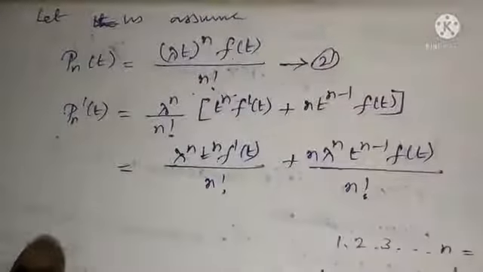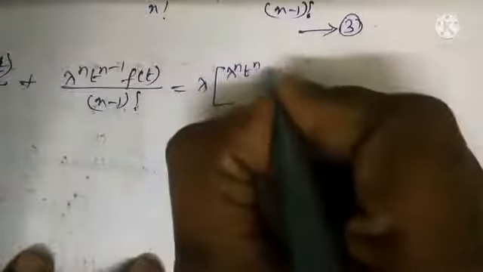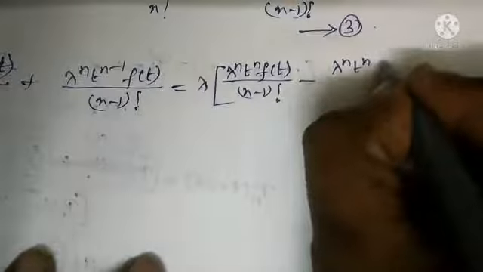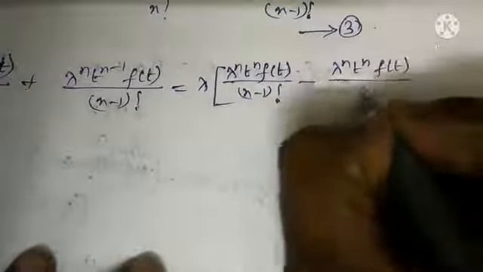So we have lambda into, what is Pn minus 1 of t? This is our Pn of t. When I replace n by n minus 1, I get Pn minus 1 of t: lambda power n t power n f of t by n minus 1 factorial, minus lambda power n t power n f of t by n factorial.